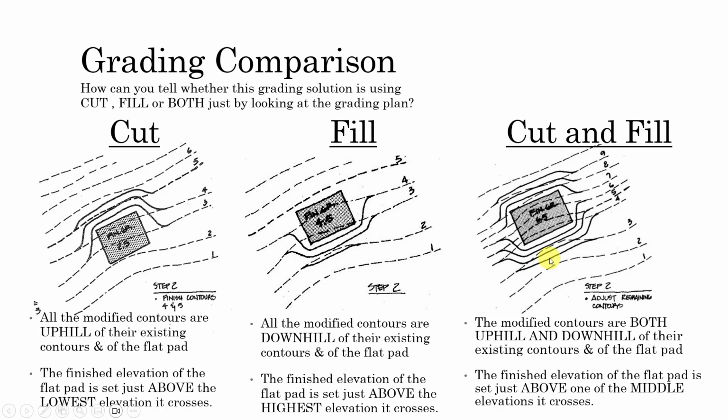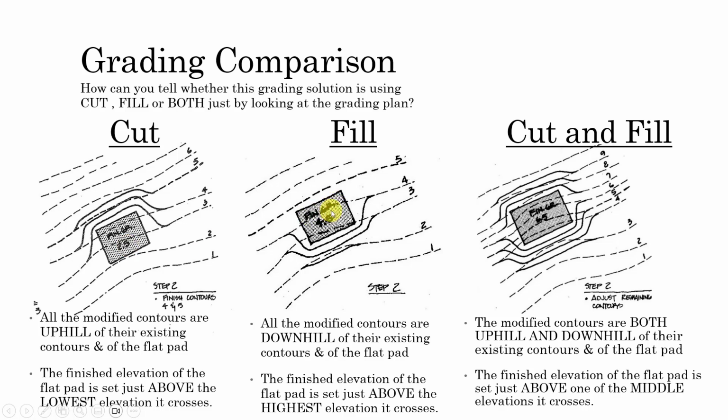And now let's take a look at the finished elevation of the flat pad. Where should you set it on each of these kinds of solutions? For the cut solution, you want to look at one contour below your flat pad and then add 1/2 foot.